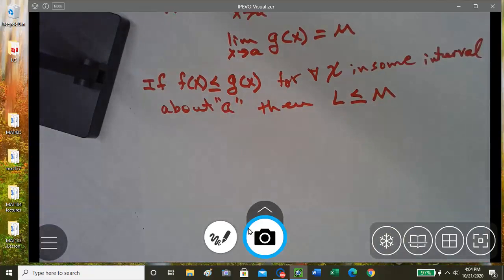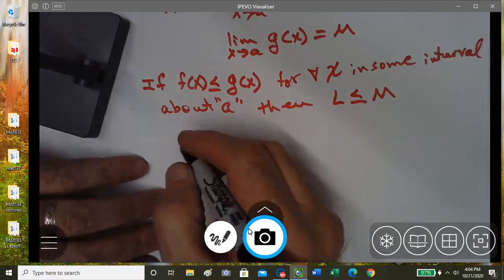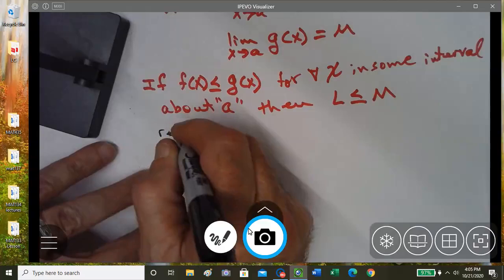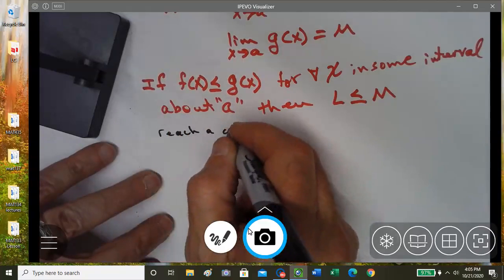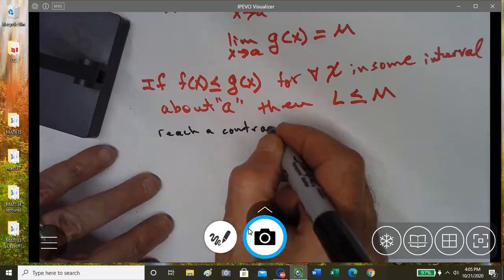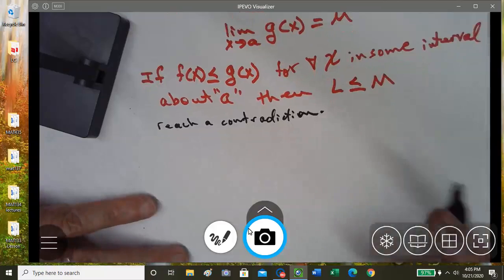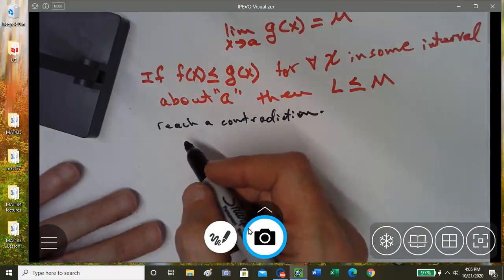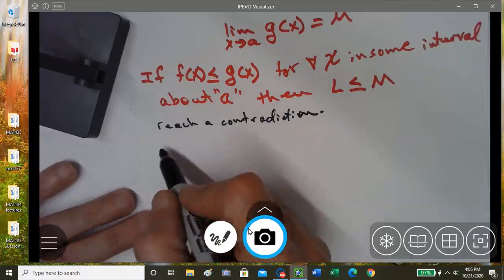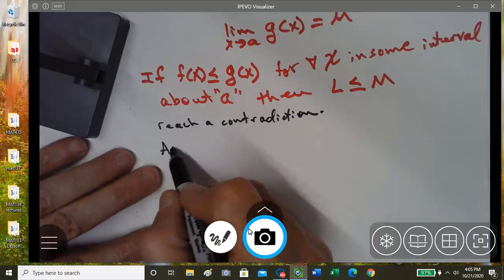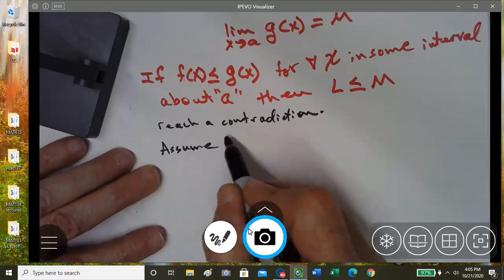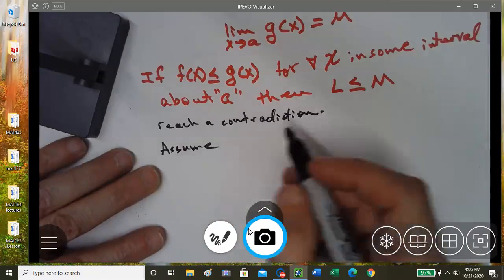And so we want to reach a contradiction. The way we're going to do that is we assume that L is not less than or equal to m.